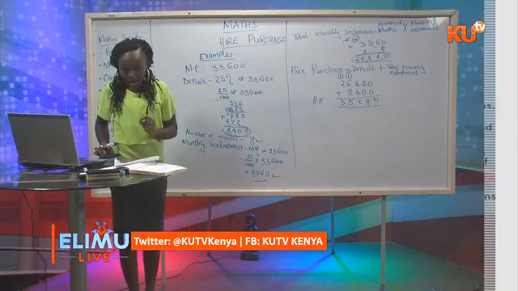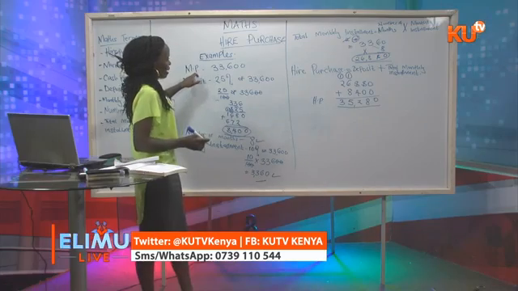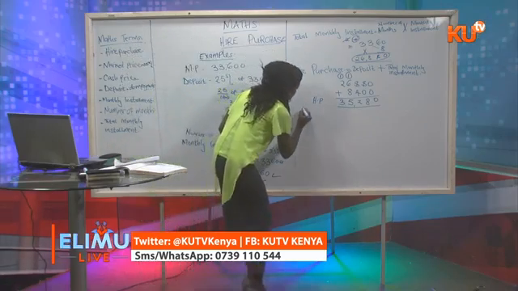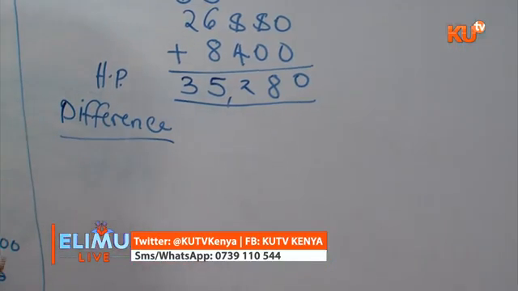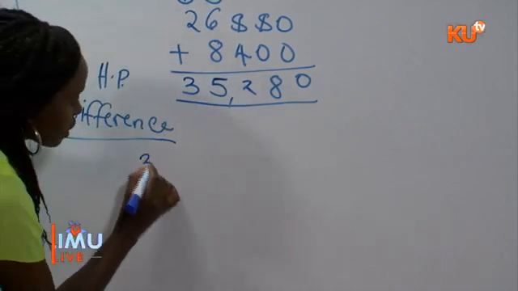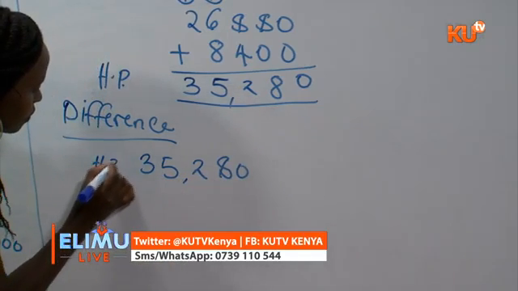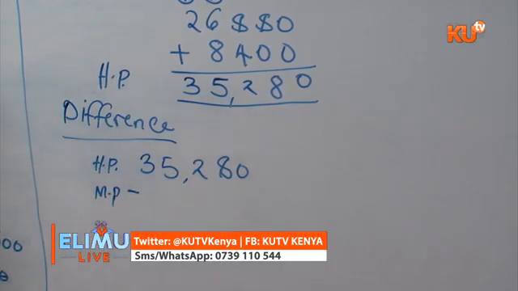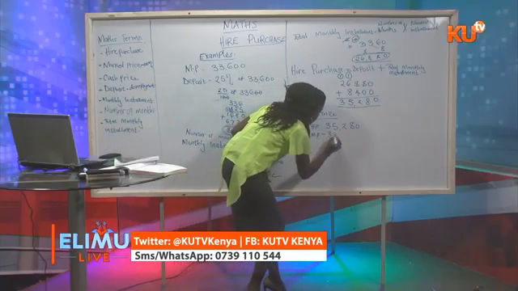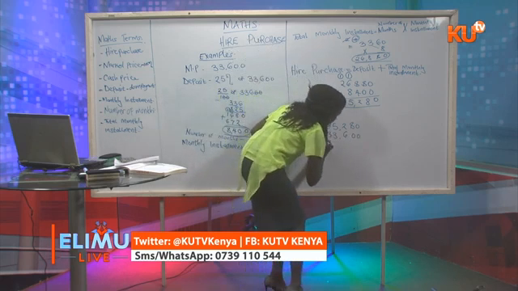Now we can look at our question. The question was, how much more did he pay than the marked price? How much more was the hire purchase compared to the marked price? We get the difference now. So we take the hire purchase, which is 35,280. We subtract the marked price, which is 33,600.